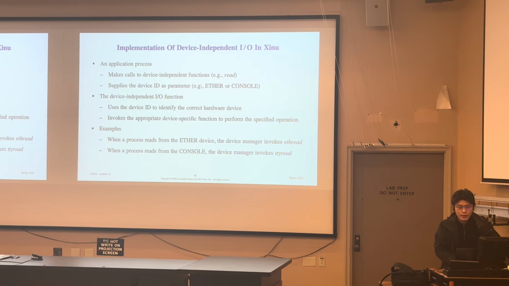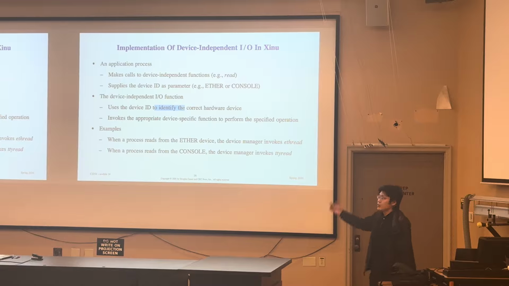So you can use macros to define the device ID, like Ethernet or console, representing the network and your console. These functions will take your device ID as a parameter, and the device-independent function that gets invoked, for example the read function, will use the device ID to identify the correct hardware device.